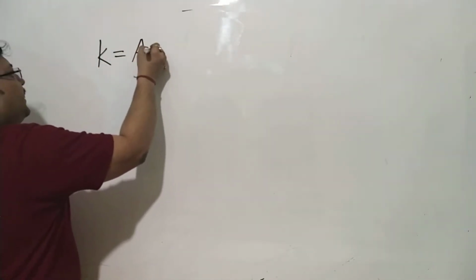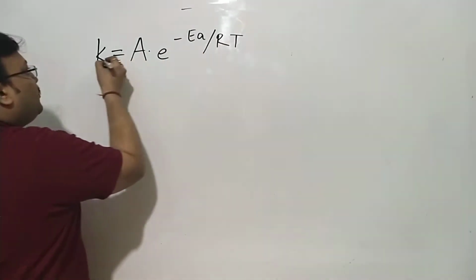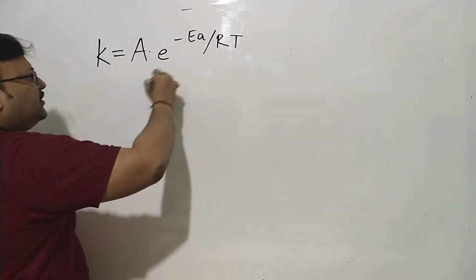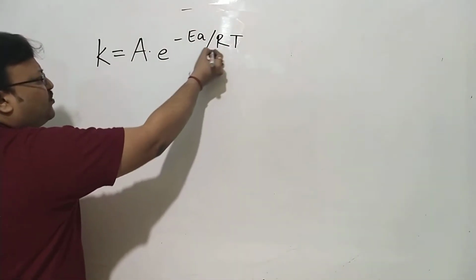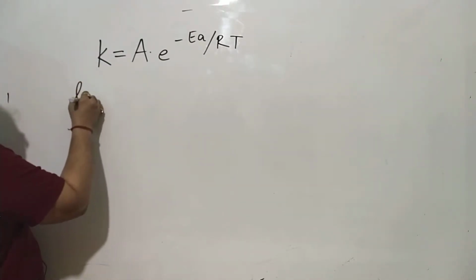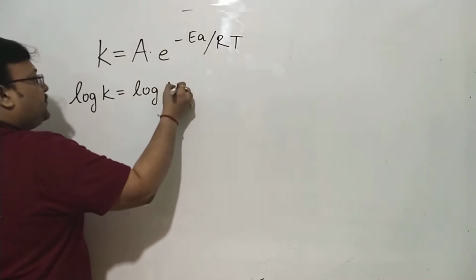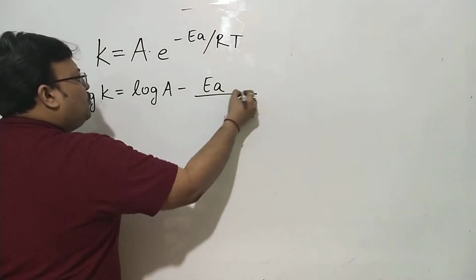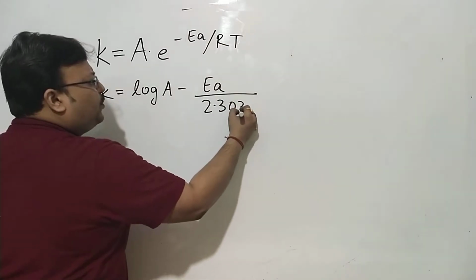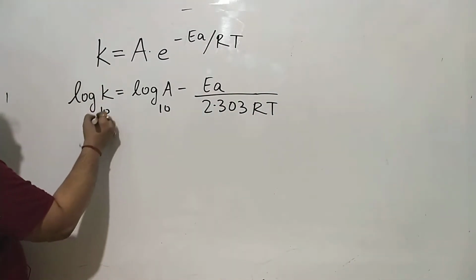K is equal to A into e to the power minus Ea upon RT is how the rate constant changes with temperature. This was the activation energy, the universal gas constant, the exponential e, and the pre-exponential factor, and we used the logarithmic form, which was log K is equal to log A minus Ea upon 2.303 RT, 2.303 because we wanted to work with the common logarithm to the base 10.